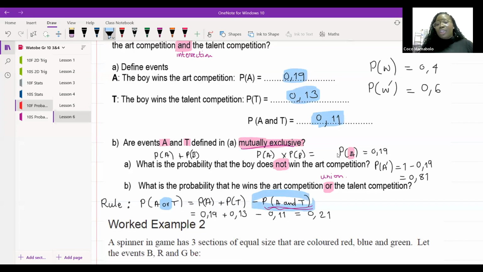I want everybody to give me a thumbs up if I'm making sense to everyone, not just Enke. Are you guys with me here? If the events are mutually exclusive, then we can just say P(A) plus P(B), no problem. But if there's an intersection, to make sure that we don't count the intersection twice, we subtract this part here at the end. Okay. Excellent. I'm glad everyone's with me.